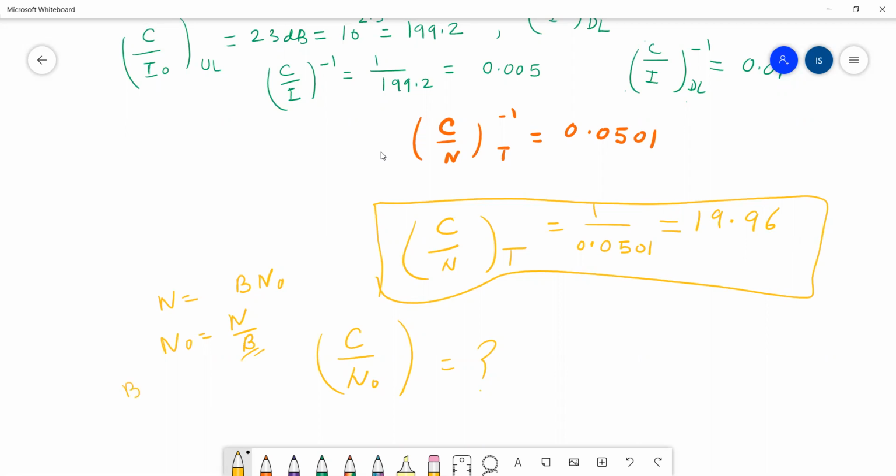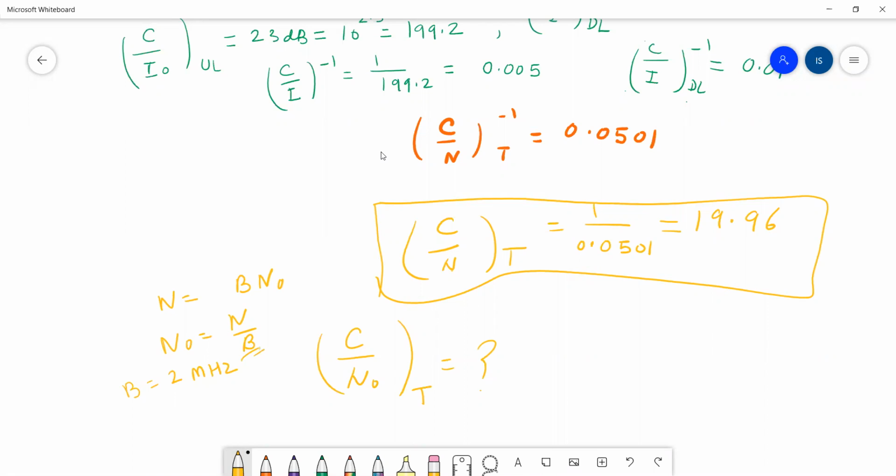B is equal to 2 megahertz. So to find C by N naught of total, in place of N we write N naught, so N naught is N by B, so B will go in the numerator.